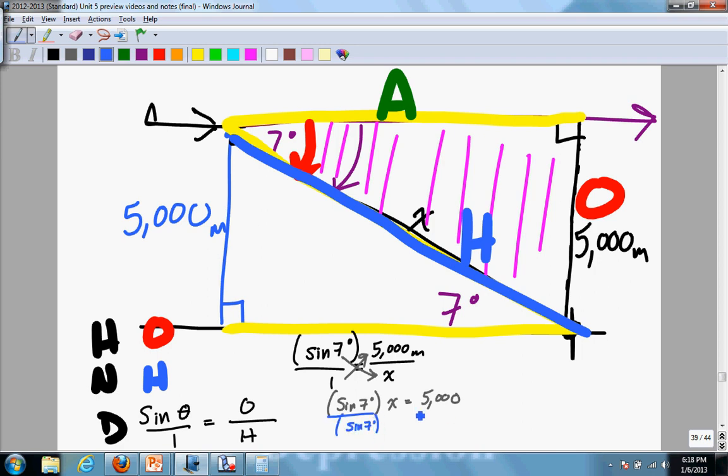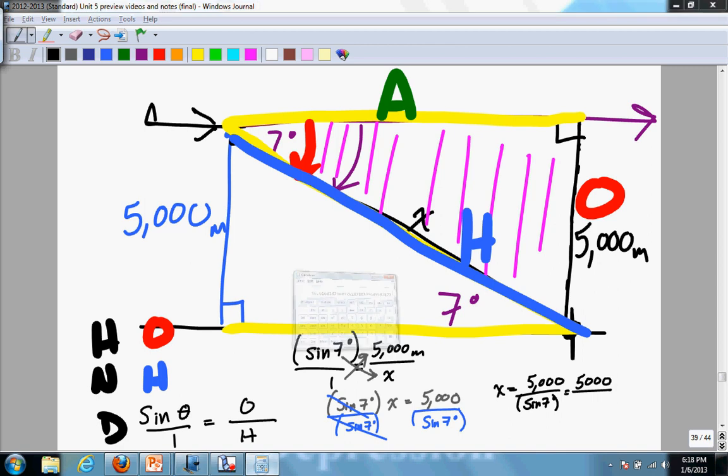Keep parentheses around that. So to find x, it's going to be 5,000 divided by the sine of 7 degrees, which is 5,000 divided by the sine of 7.